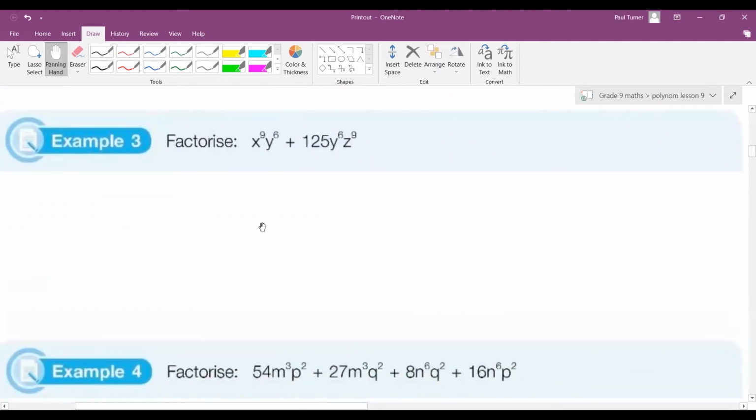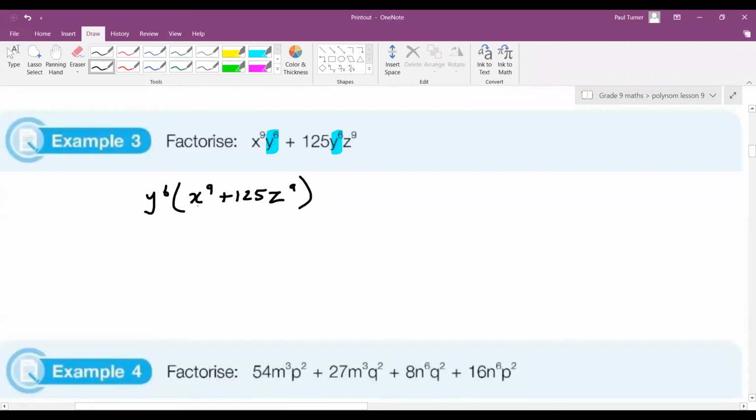Okay, so example 3. Now in this question, we can factorize first. You see here, you've got y6 and y6. So you should factorize out the y6 first in this kind of question. So you'd end up with x9 plus 125 z9.